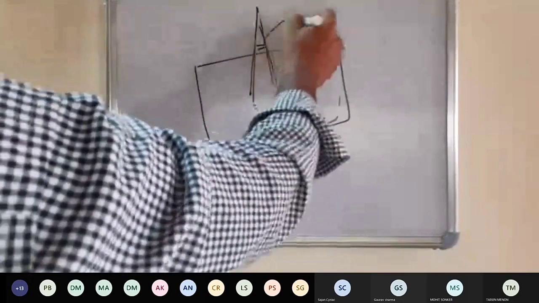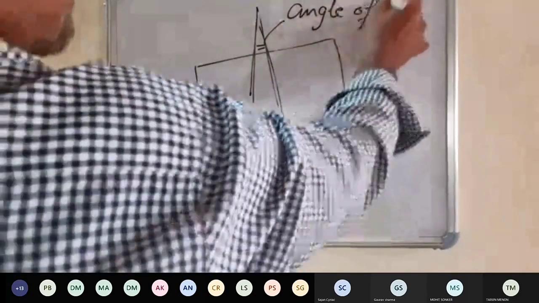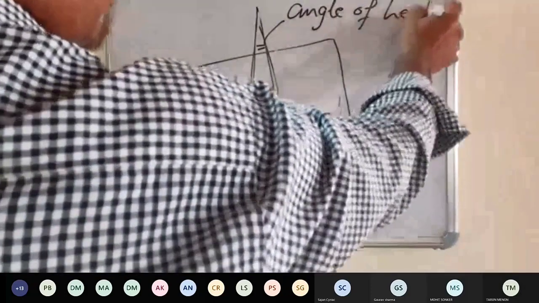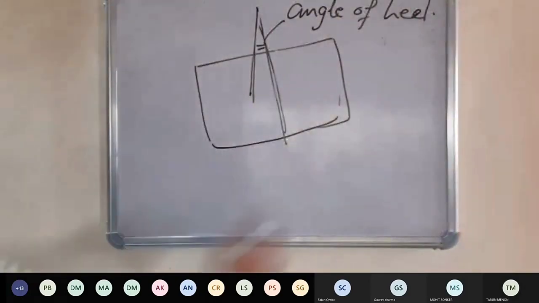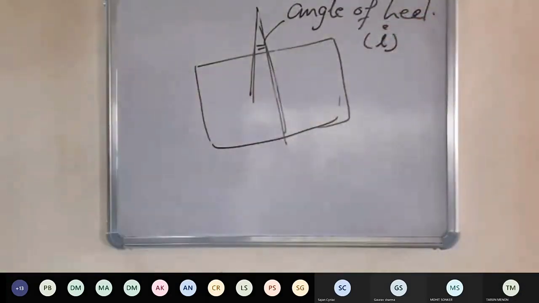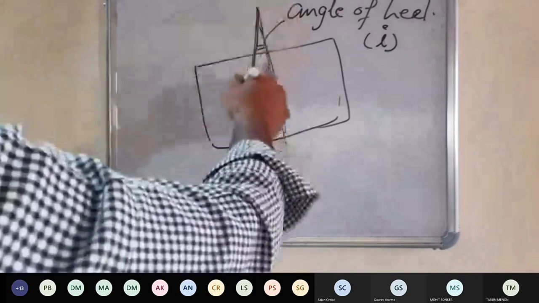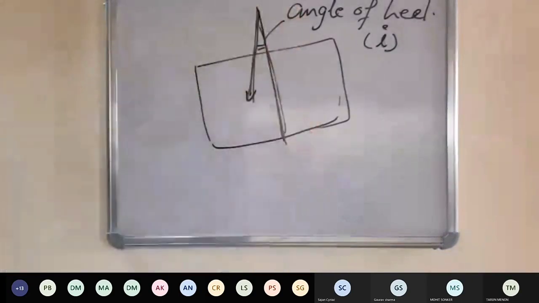So this angle is the angle of heel, denoted by small letter i. This is the vertical running, and this is the ship's vertical line.